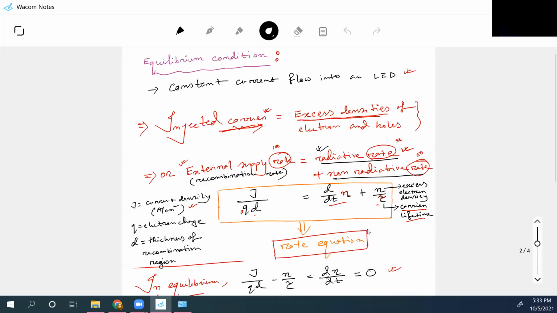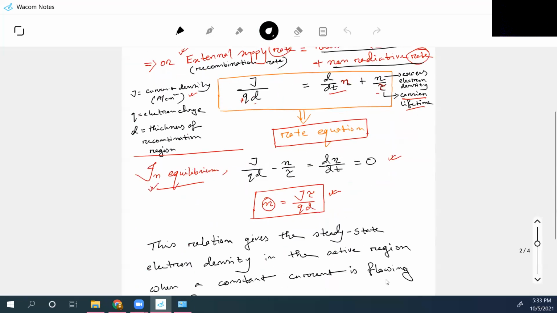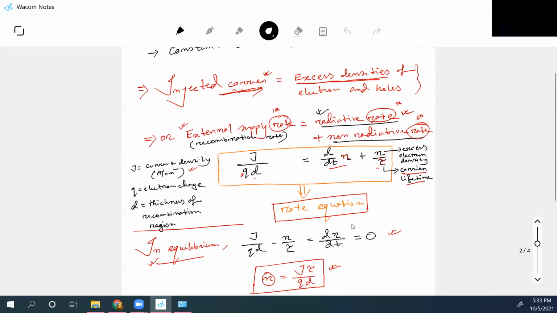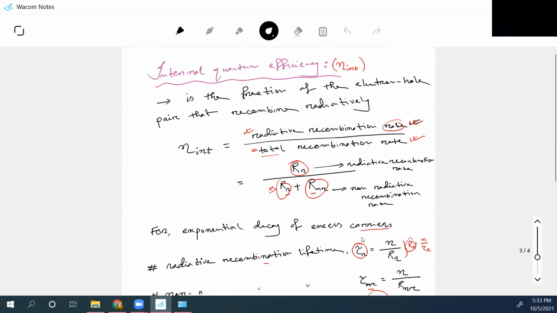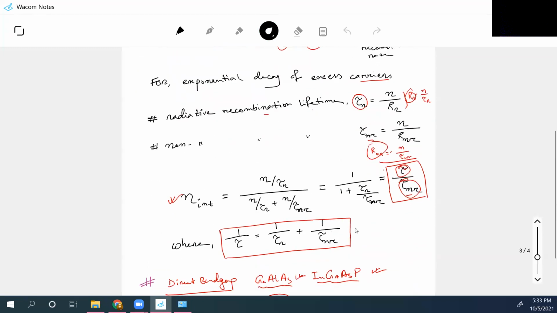This tau is also called the bulk recombination lifetime.